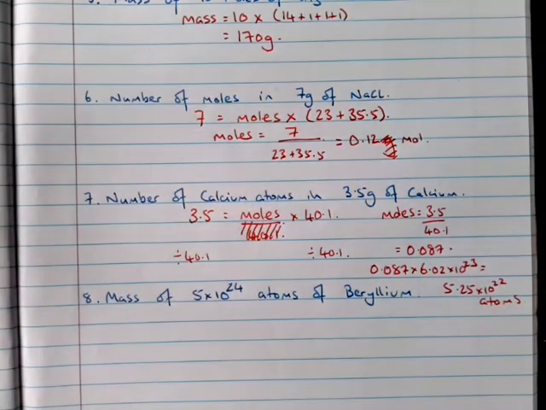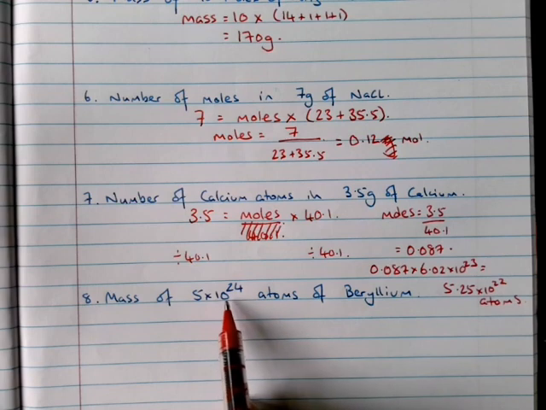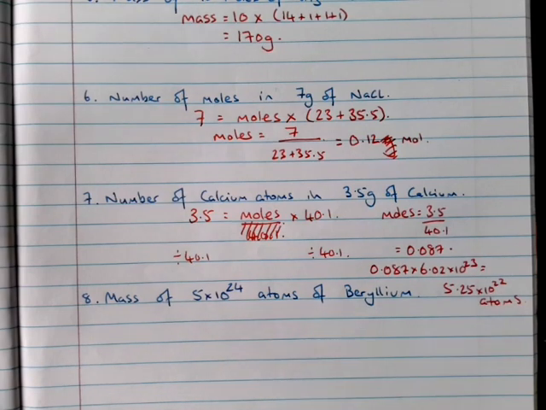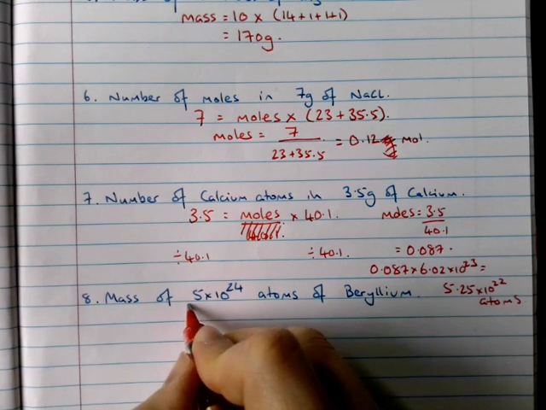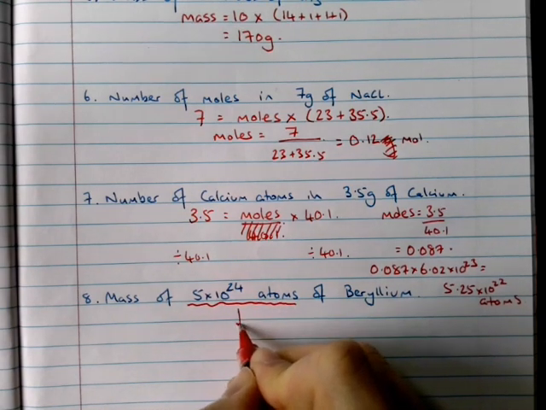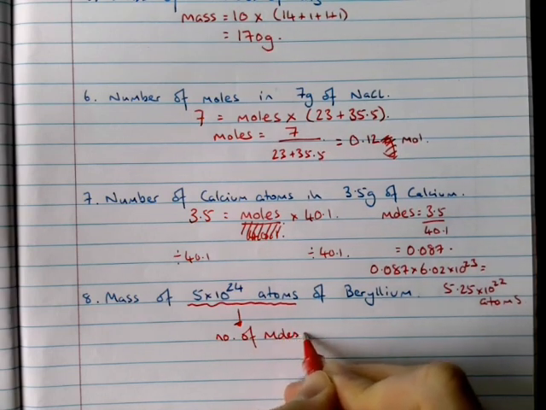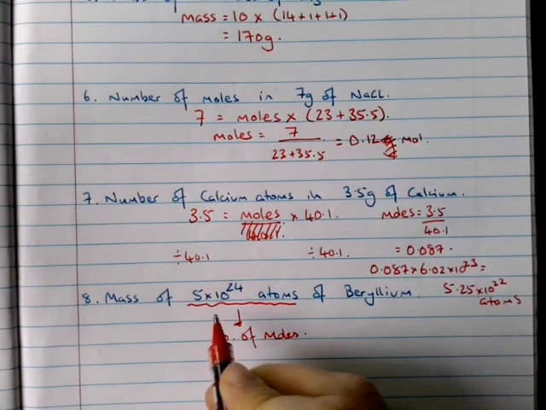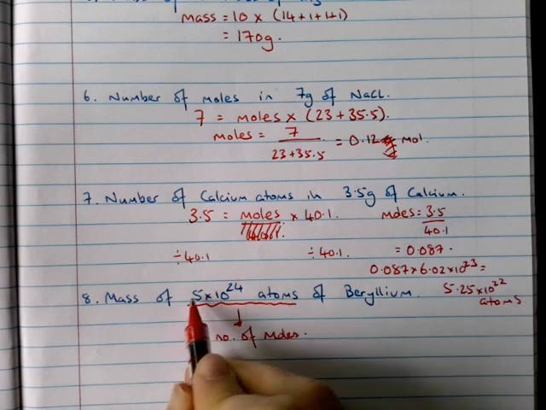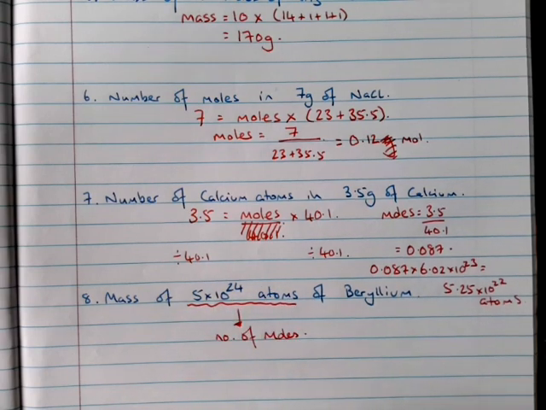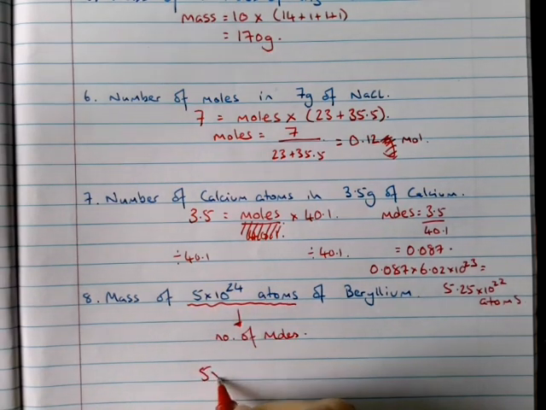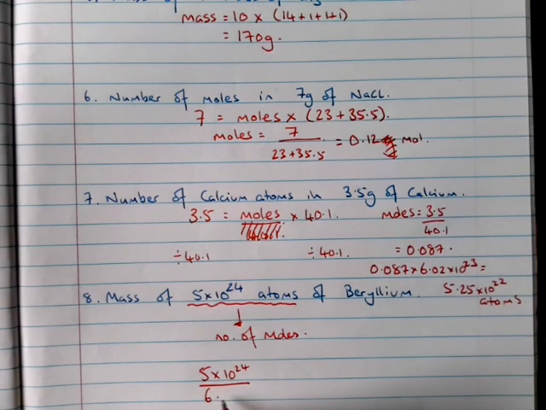Now the last one. The mass of 5 times 10 to the 24 atoms of beryllium. I can't work out the mass directly from this. First of all, I need to convert my number of atoms into number of moles. How many moles are there in 5 times 10 to the 24 atoms?